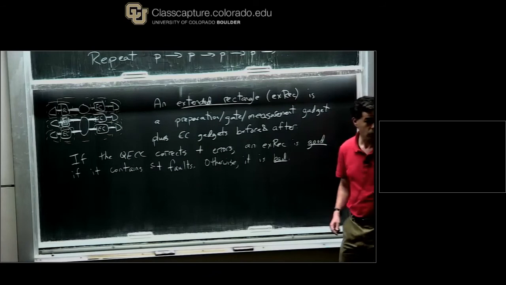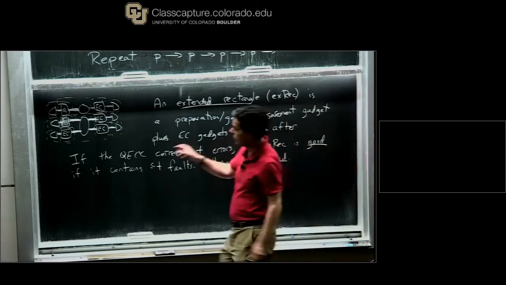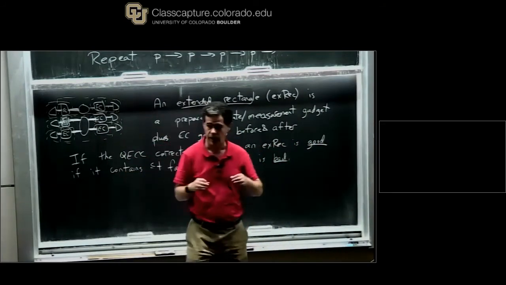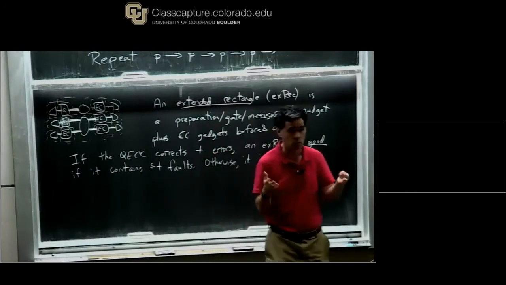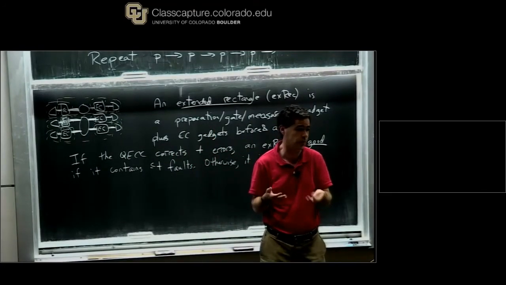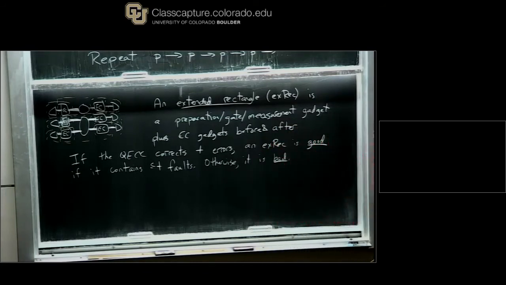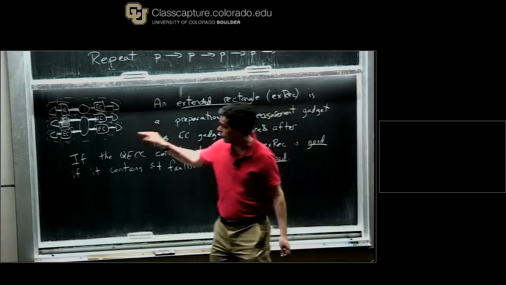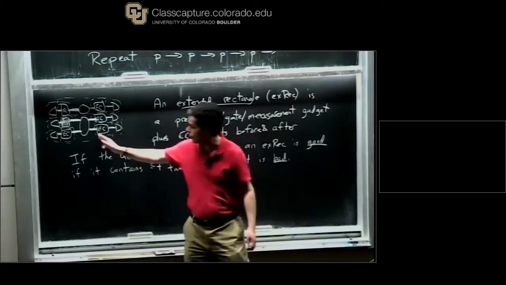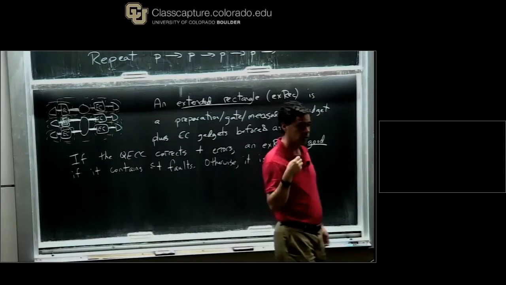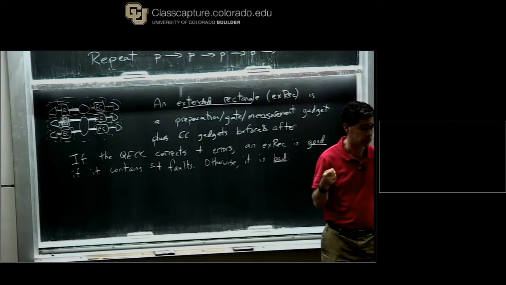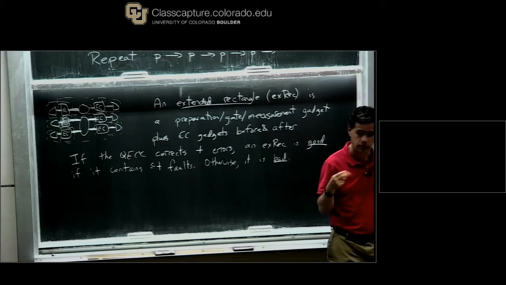Okay? So the idea here is that if any of these XRECs has lots of faults in it, well, that's an accumulation of lots of errors. We don't expect our code to be able to deal with it. But if the number of faults is low, then our code should be able to correct those errors, right? And so we expect, in that case, for the extended rectangle, for the gadget inside the extended rectangle to do what we want it to do. Okay? Does that make sense?